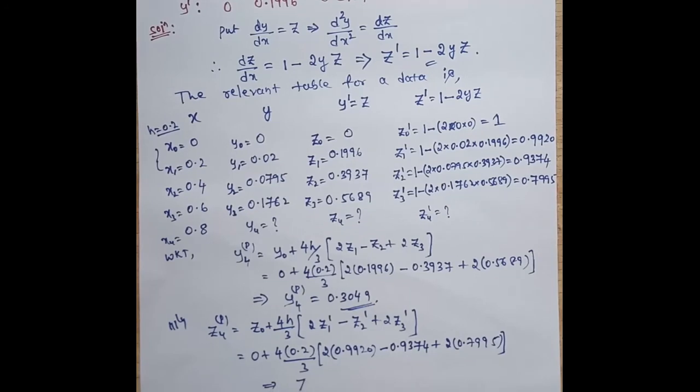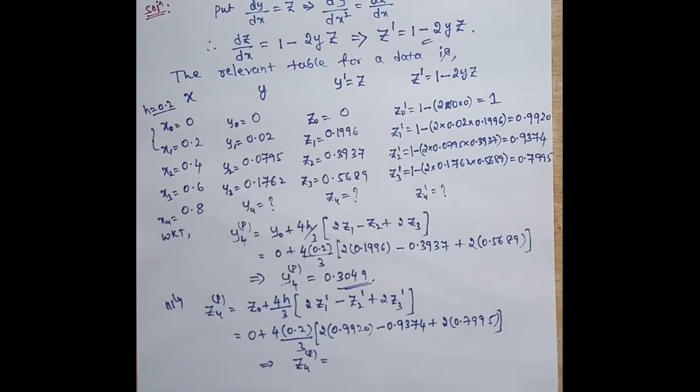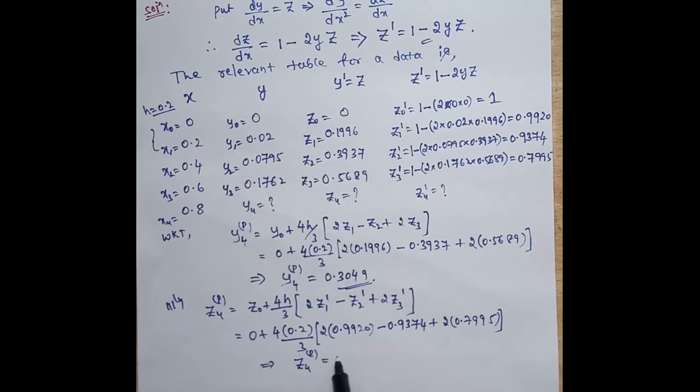So simplify this using your calculator. We get the predicted value for z. So z4p, the predicted value for z, is 0.7055.